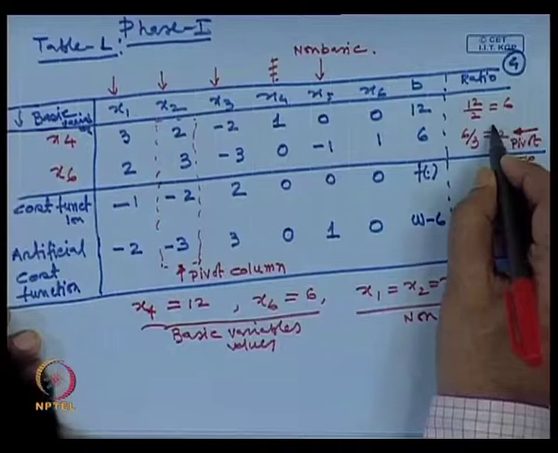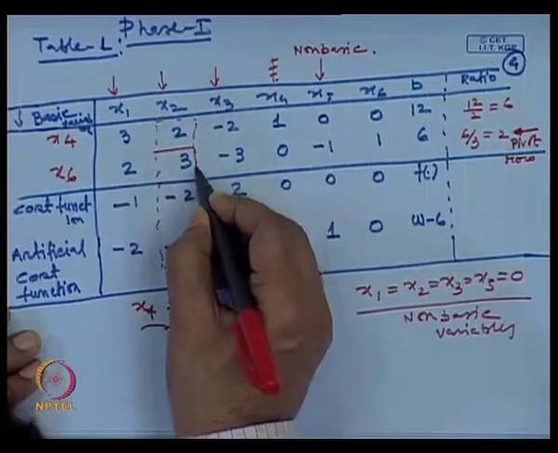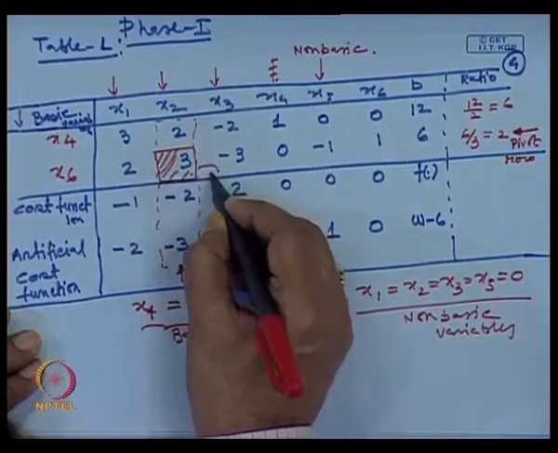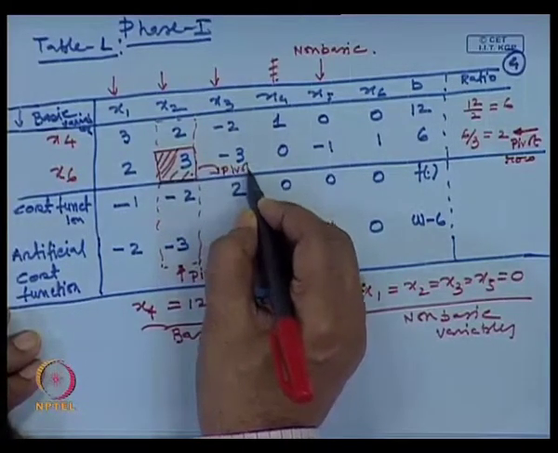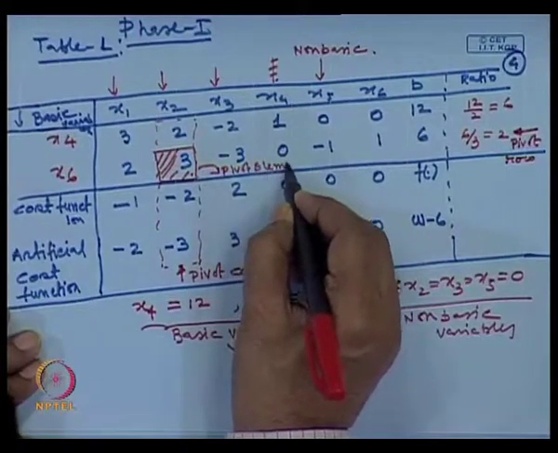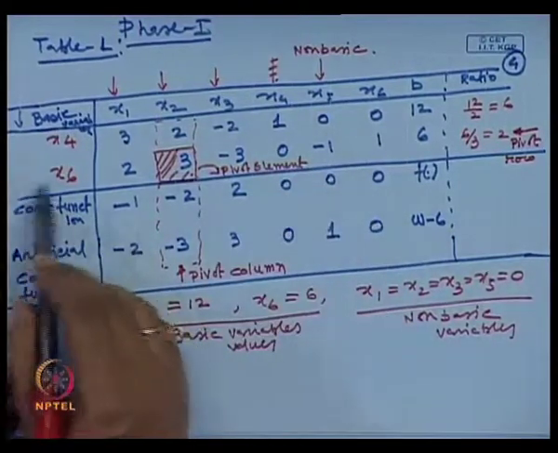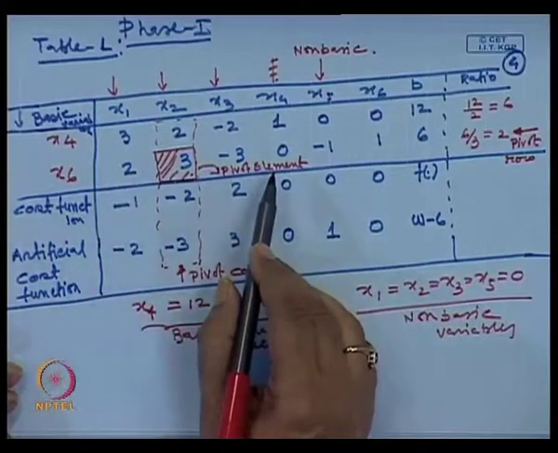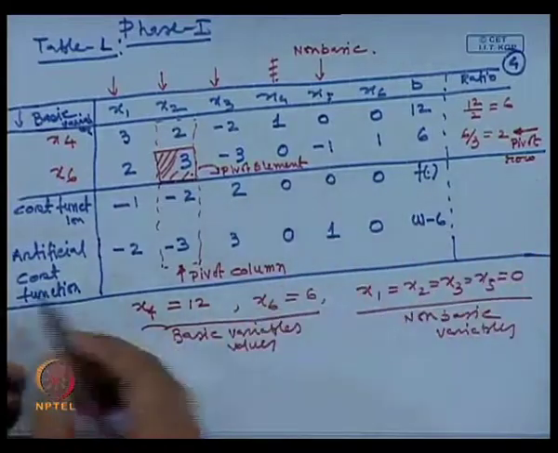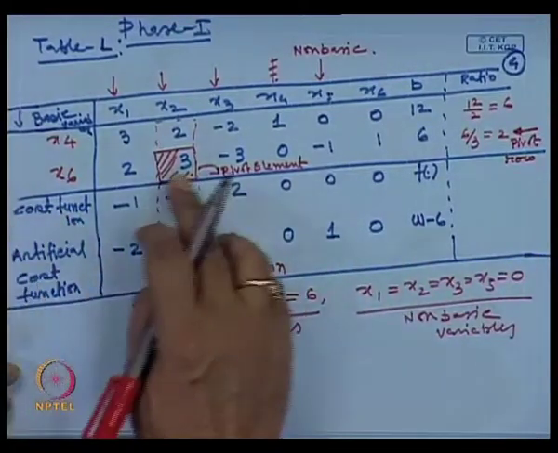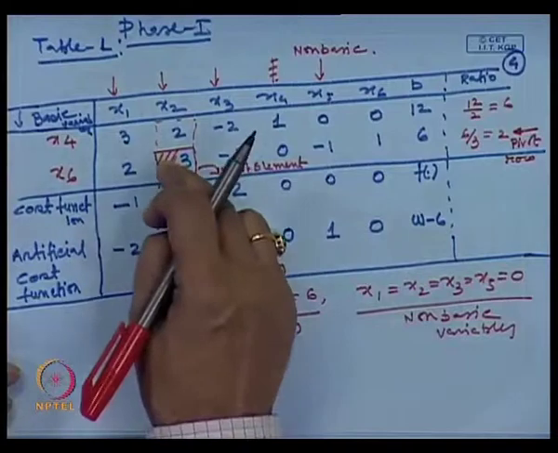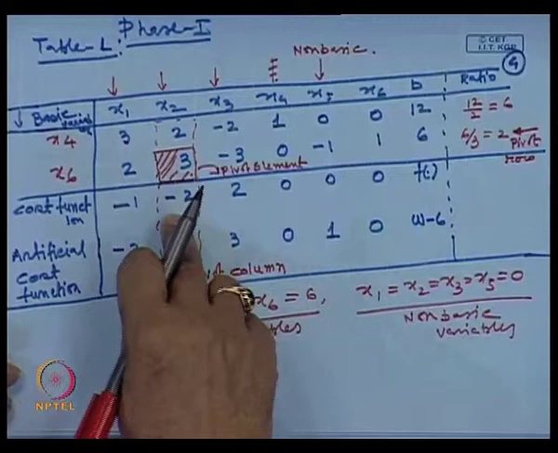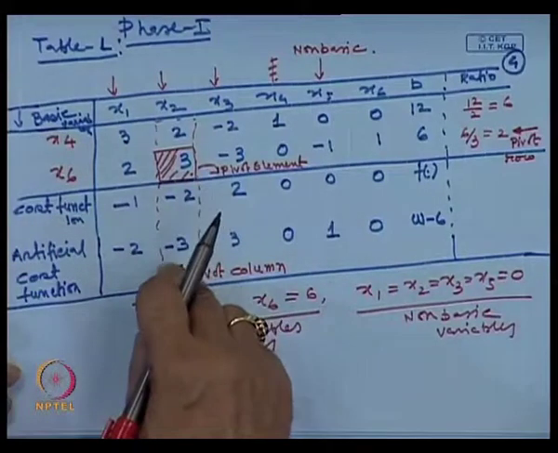If you see the pivot row of this one, this is our pivot element. So, what you will do, you normalize this thing by 3, and after that you eliminate x 2 from equation number 1, equation number 3 cost function, similarly equation number 4.